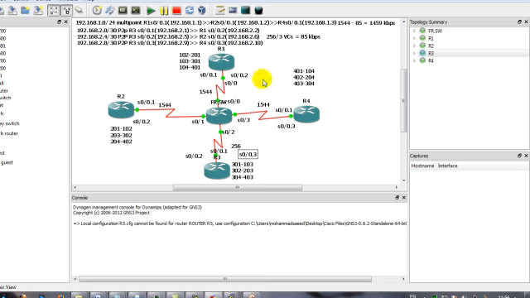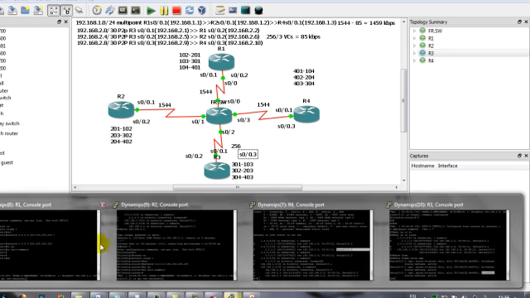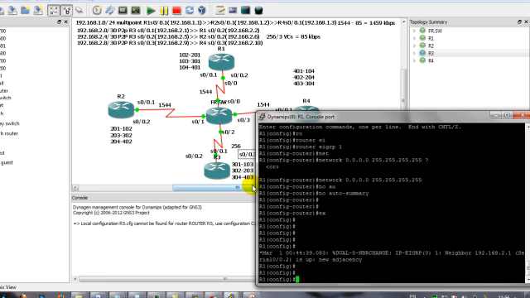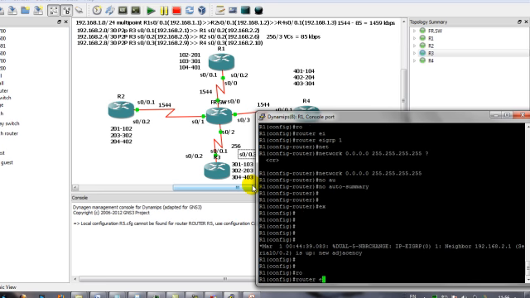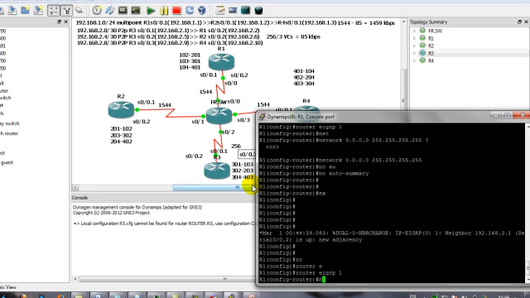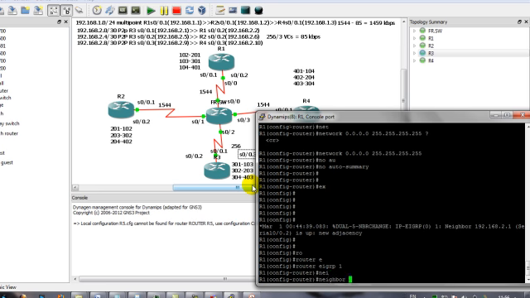So I want to complete my EIGRP configuration with neighbors. EIGRP 1. Here is router 1. It will have two neighborships, with 192.168.1.2 with router 2. It will go out through serial 0.0.1. Yes, here is serial 0.0.1.